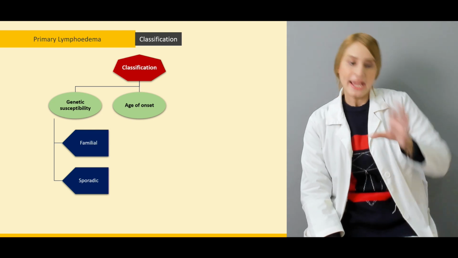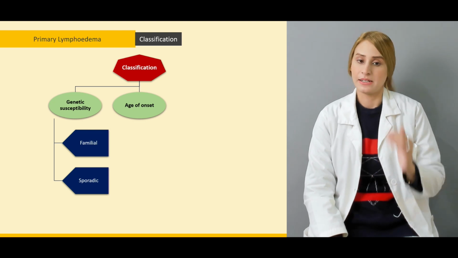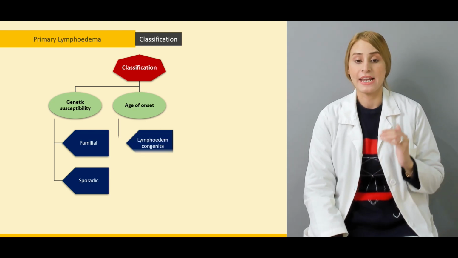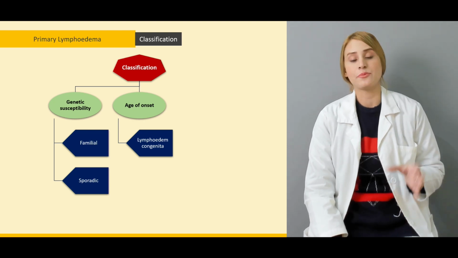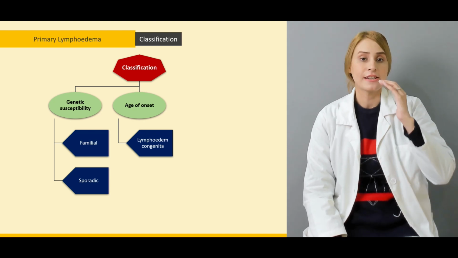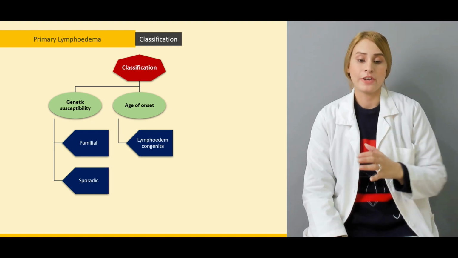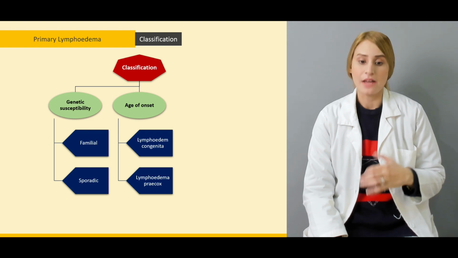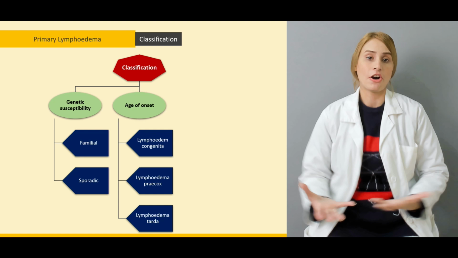Now, another important category which we have added in the classification is the age of onset. On the basis of age of onset, we classify this into three categories. One is called lymphedema congenita, the other is lymphedema praecox, and the third one is lymphedema tarda.